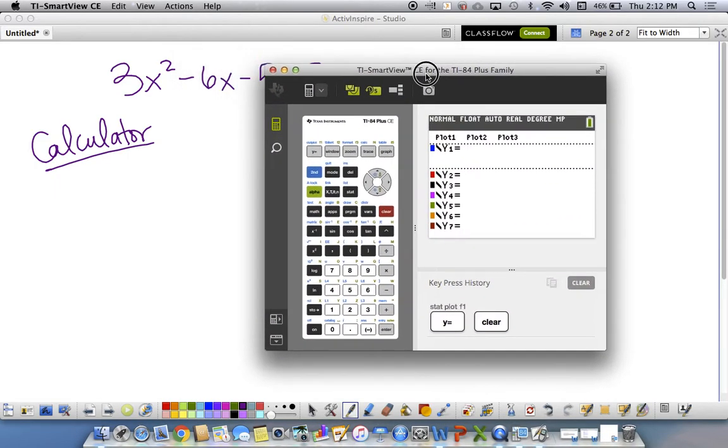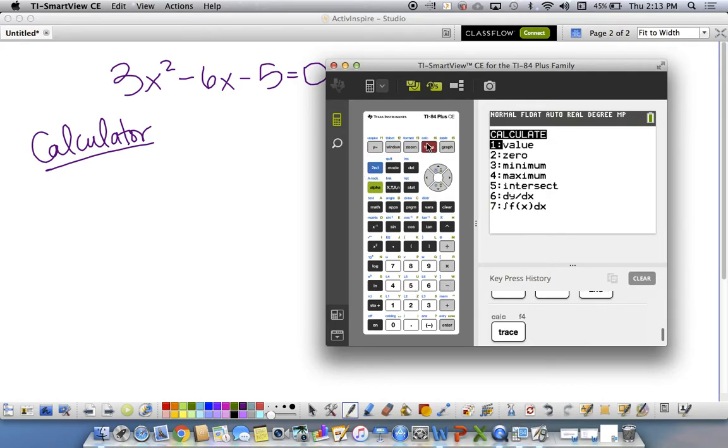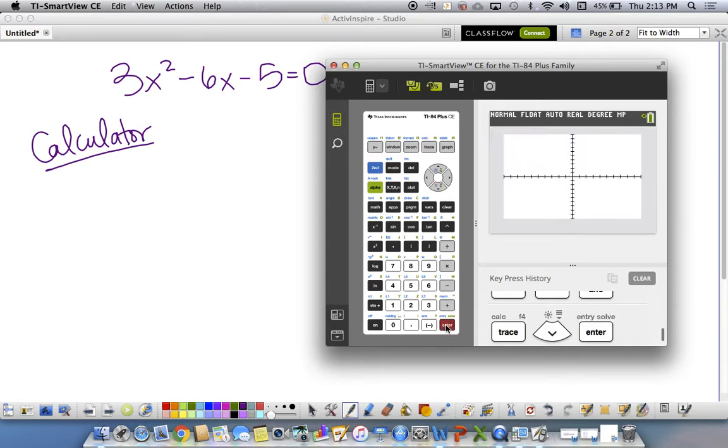Here we go, y equals 3x squared minus 6x minus 5. And I want to second calculate, okay? Second calculate is our friend, and then we're going down to number 2, which is a 0.